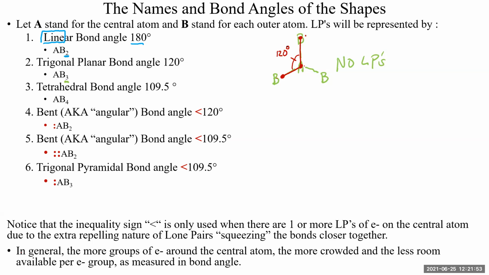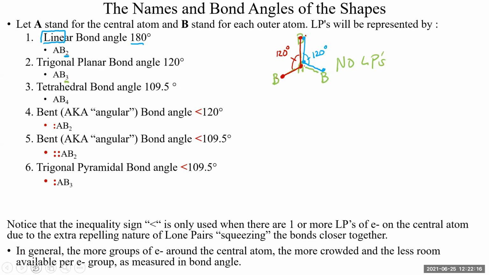And no matter which sets of outer atoms we measure, the bond angle will always be the same for all the bond angles in the molecule. So whether I do that B and that B, or I do maybe a different one, maybe this, this, and this, that's still 120 degrees.